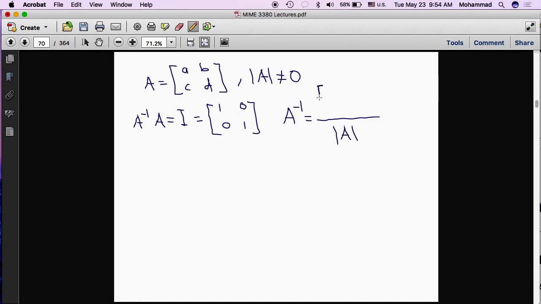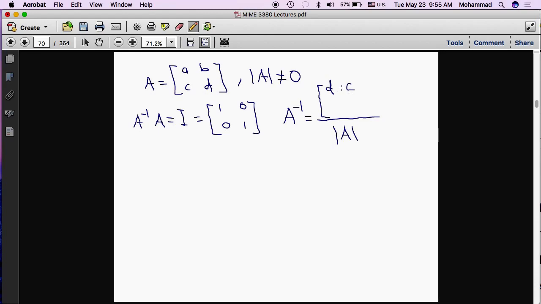Then in the numerator, because we are trying to find row 1 and column 1, you eliminate row 1 and column 1, and what is left, you write. So it's D. For row 1, column 2, you eliminate row 1 and column 2. So what is left will go here.